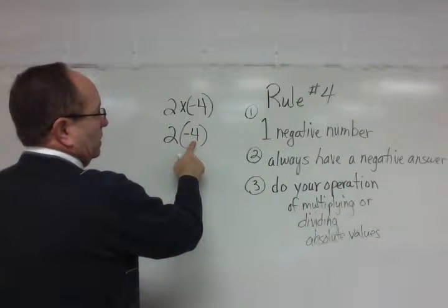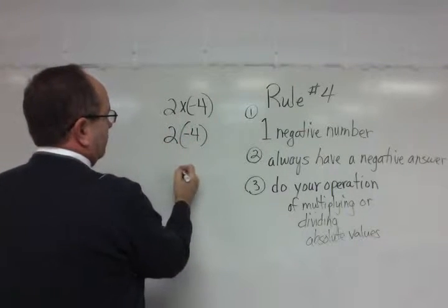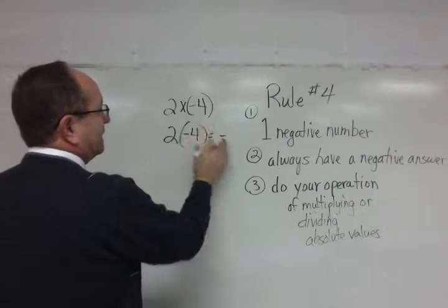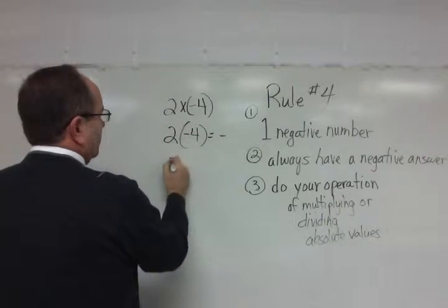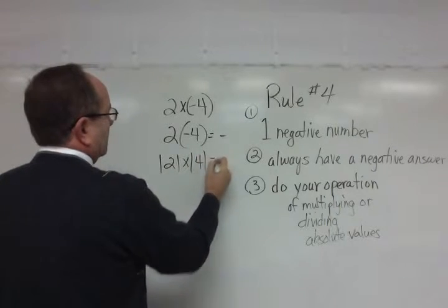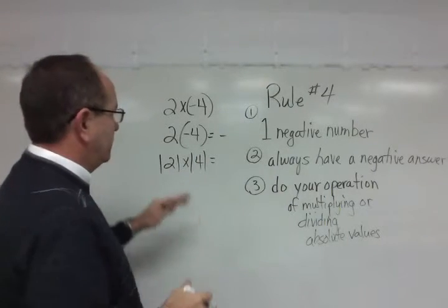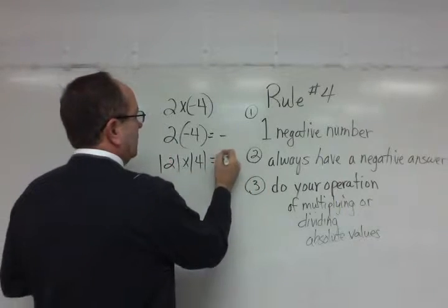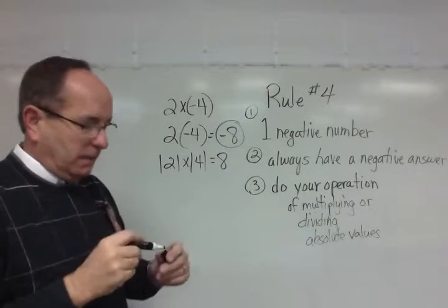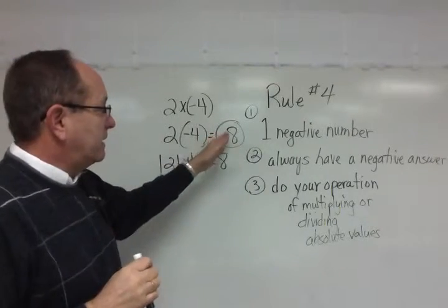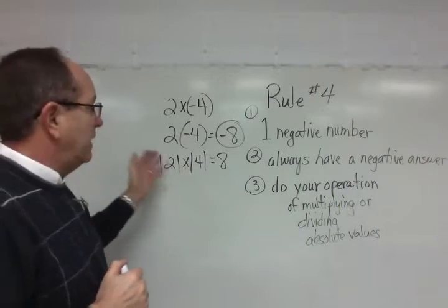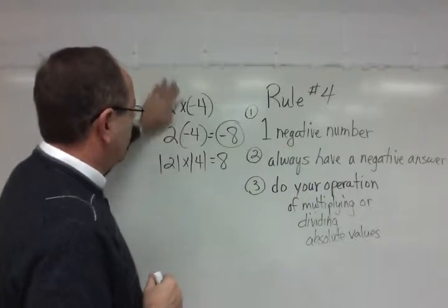I have one negative number, so right away I know my answer is going to be negative. So I've got that taken care of, it's out of my mind. Then I can do absolute values, without thinking of any signs, and I just say 2 times 4 is 8, and that would be my answer then, negative 8. So one negative number automatically takes that to a negative answer, and then just do absolute values and solve it, and you've got that problem taken care of.